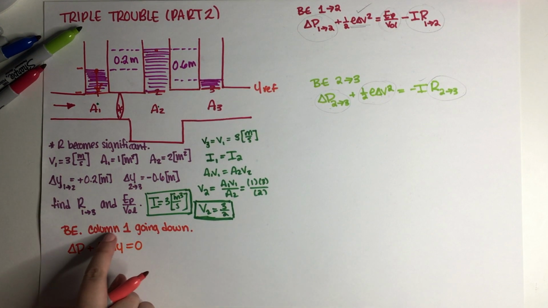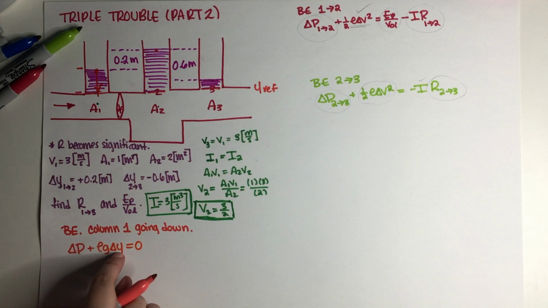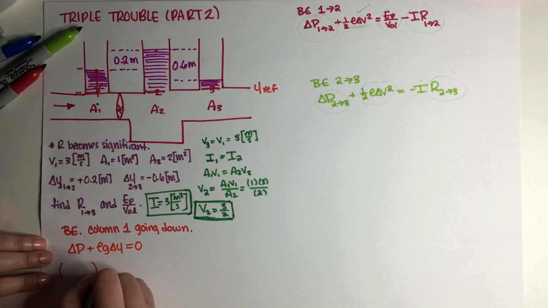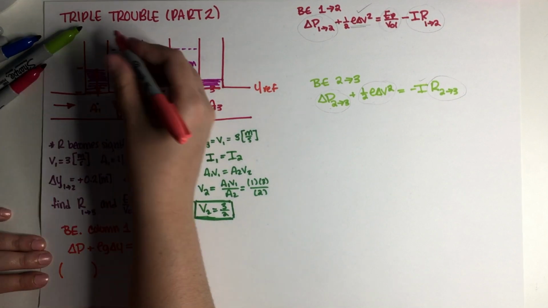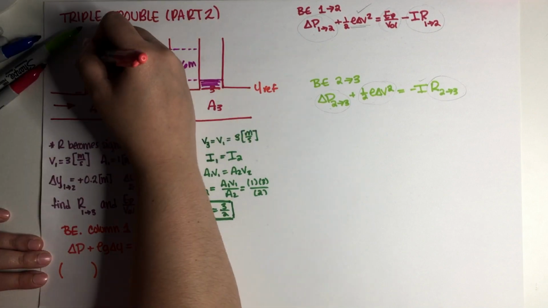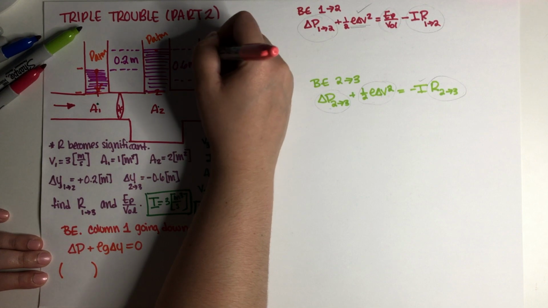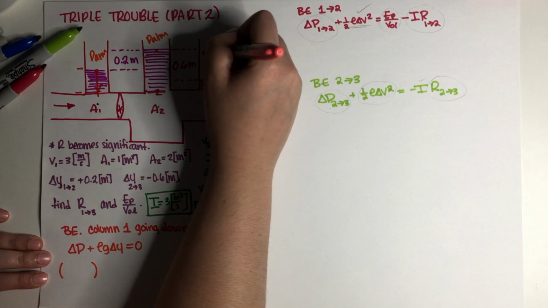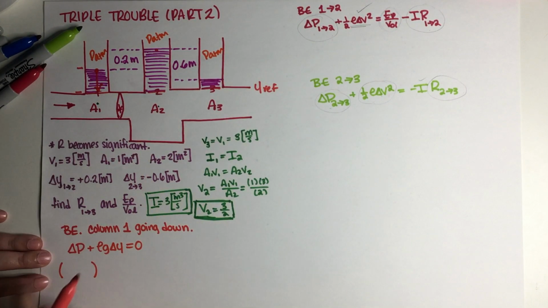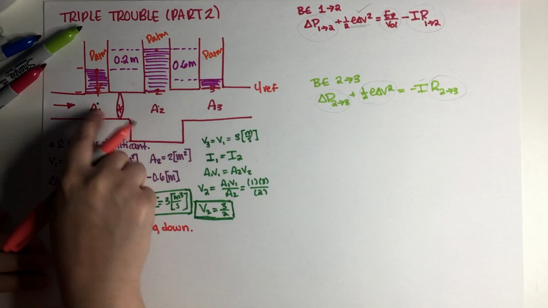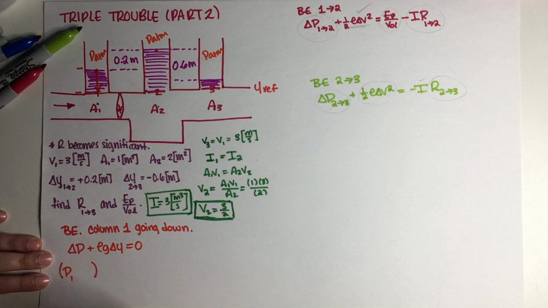and this has to be equal to 0. Now if I start on water column 1 and go down, all of these are open to the atmosphere, and I decided to go down, which is final minus initial. So final would be the pressure at point 1 minus atmospheric pressure.